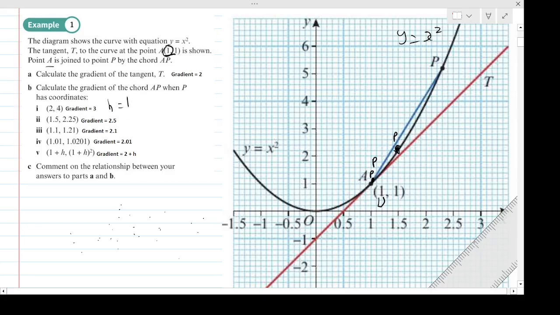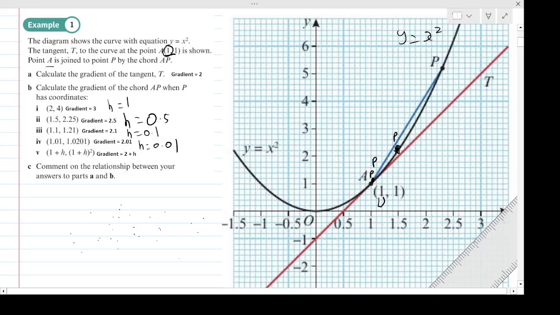Then the idea is we make it closer to A, so we reduce this gap, we reduce this H value. So when P is 1.5, the gap is now 0.5, so we add another 0.5 on from A. Then when it's 1.1, the gap goes to 0.1, so we're adding 0.1 from 1, where A is. Then eventually H is 0.01.